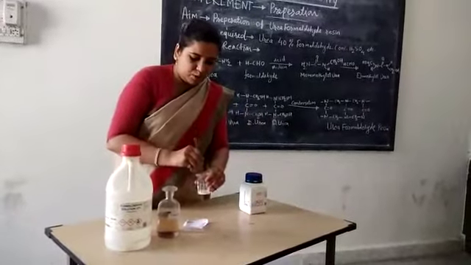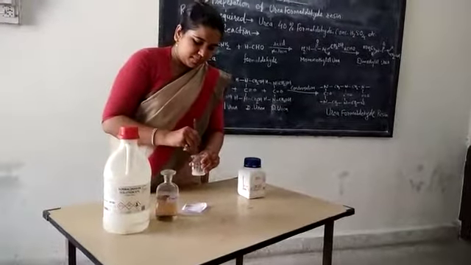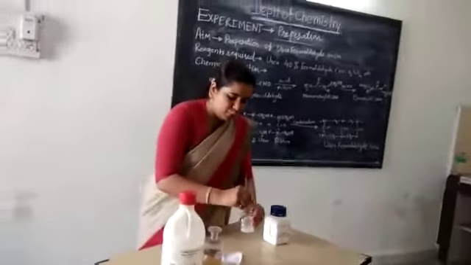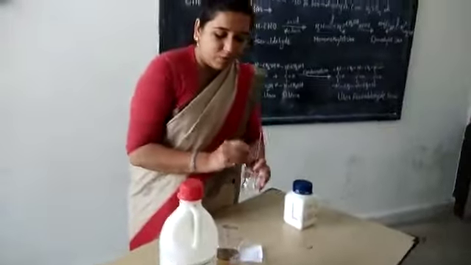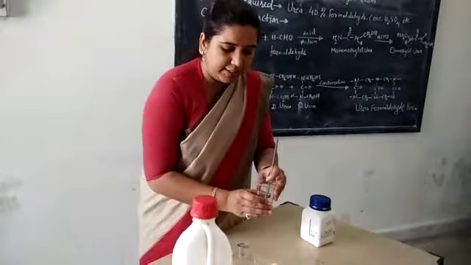So in this way it is now dissolved. And now I have to use H2SO4. A few drops of H2SO4 are required. During its addition we should be very careful because it is concentrated H2SO4.